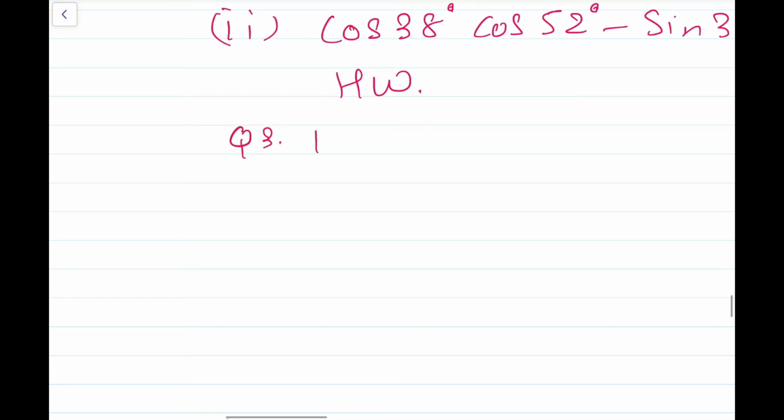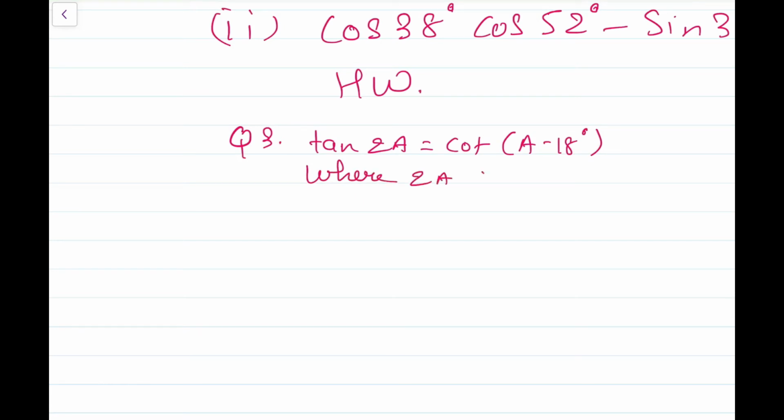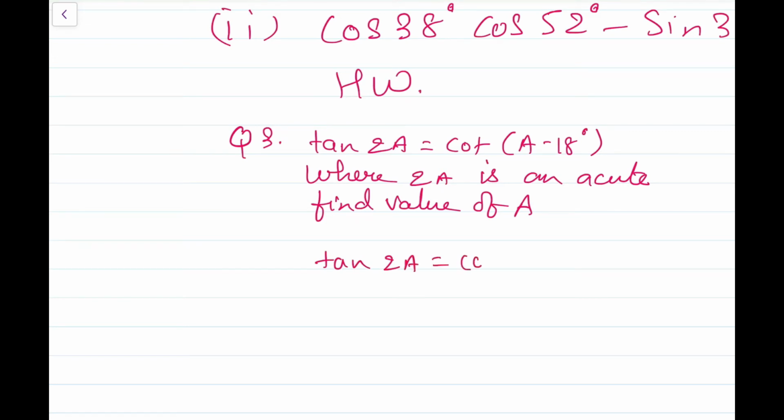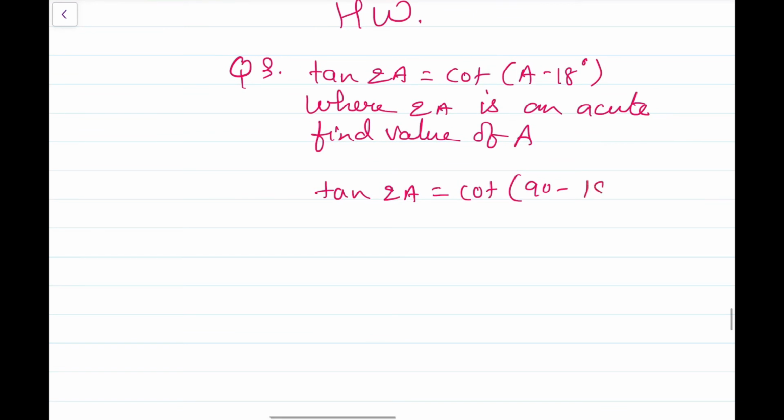Here we have tan 2a is equal to cot (a minus 18), where 2a is acute angle. We have to find value of a.